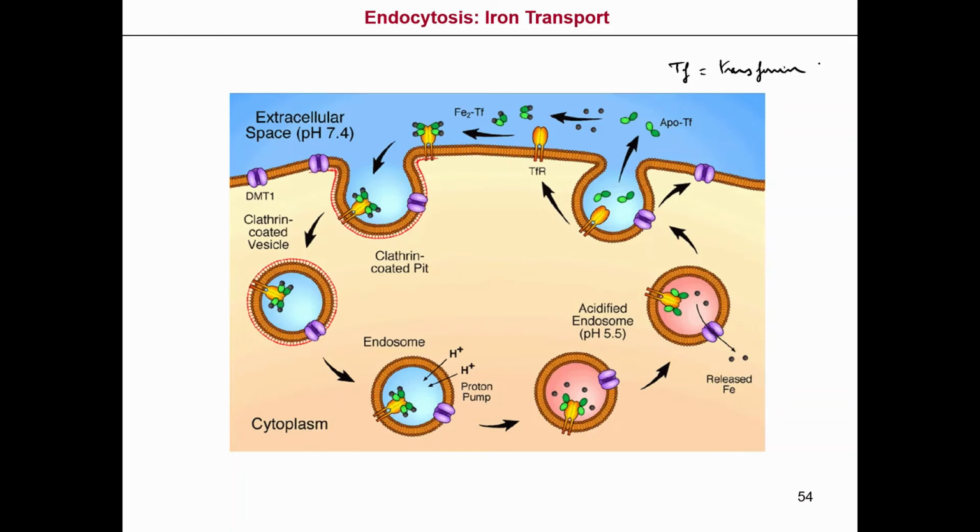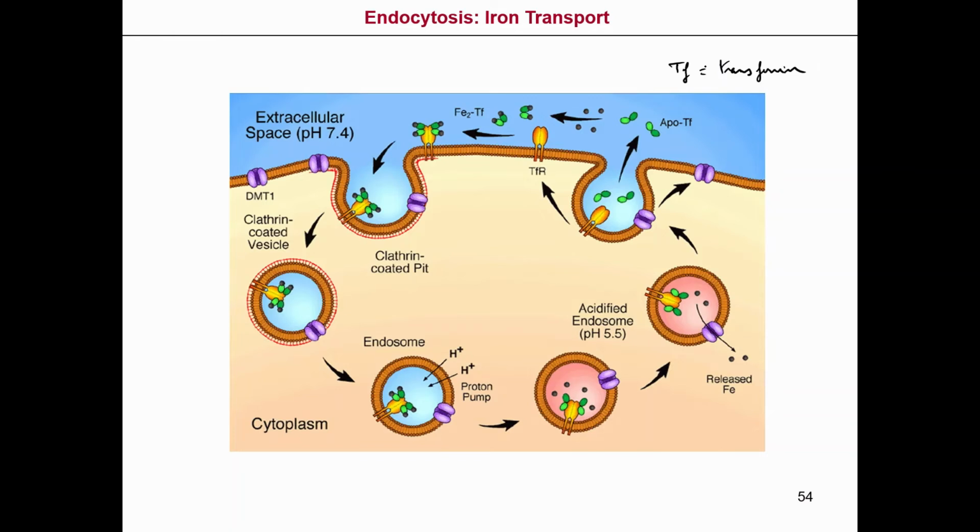Transferrin is the protein which transports the iron, because iron is insoluble under physiological conditions. And the iron acquisition by the cell is mediated by transferrin receptor endocytosis.